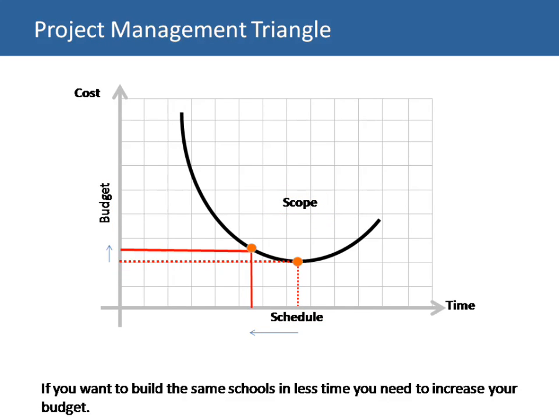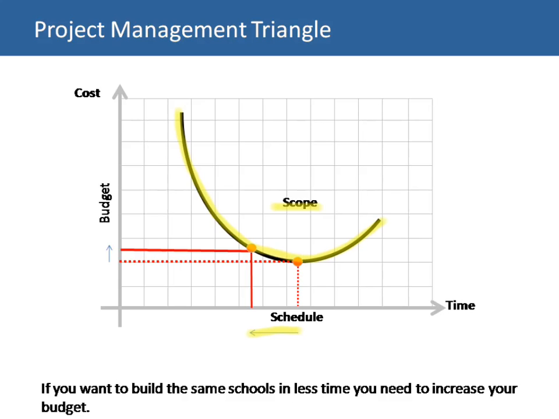Now, if I want to build the same schools, the same scope, in less time, a reduction in time, there has to be an increase in my budget. So in this curve, what we're seeing is that there is a direct relationship.